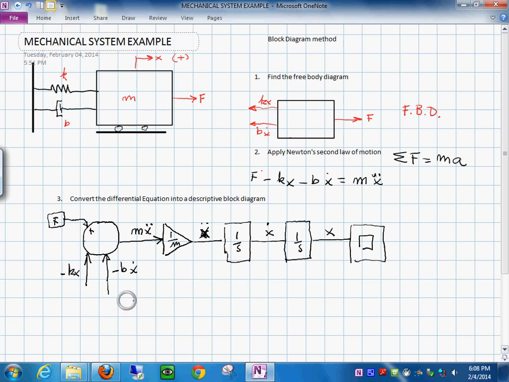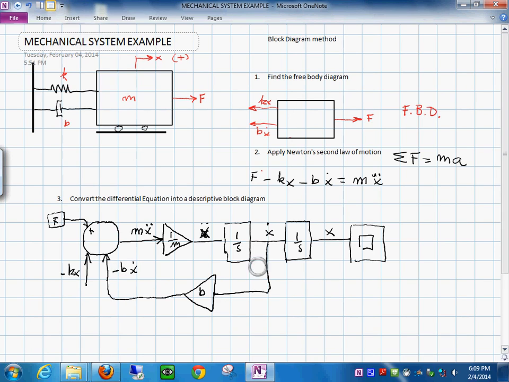Once you have done this, the completion of the block diagram follows from just looking at it, because the signal is b times x dot, but this is x dot. To produce that, all you have to do is multiply by b, and then you have it like this.